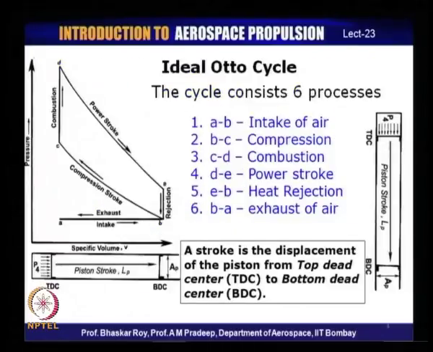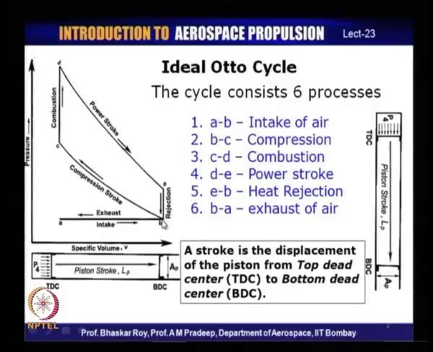Let us look at what is known as the ideal Otto cycle. The cycle essentially consists of 6 processes, and let us start from the beginning. It starts from a point which we call A, and from which we have what presently let us call intake of air, and it goes from A to B. So, the process A to B is called the intake of air.